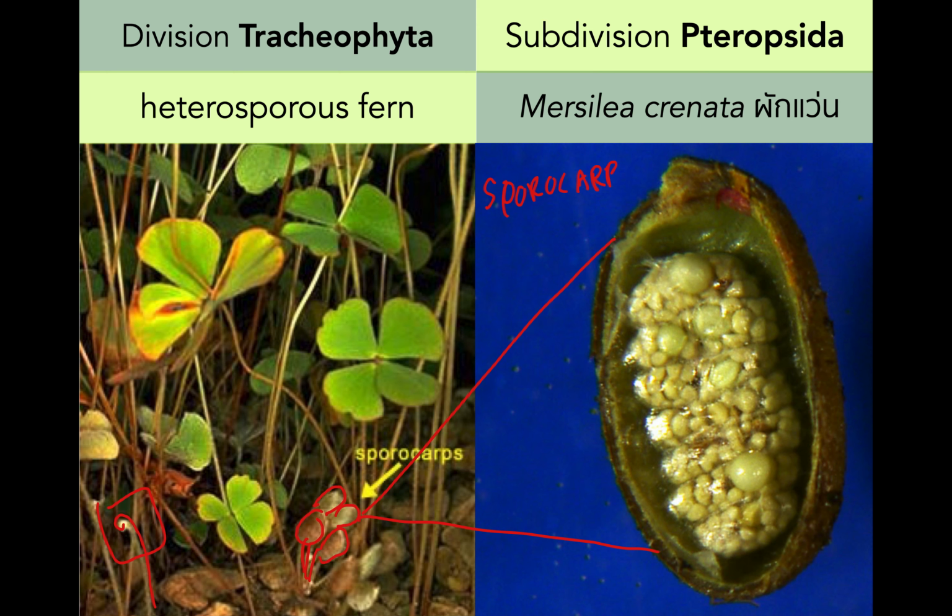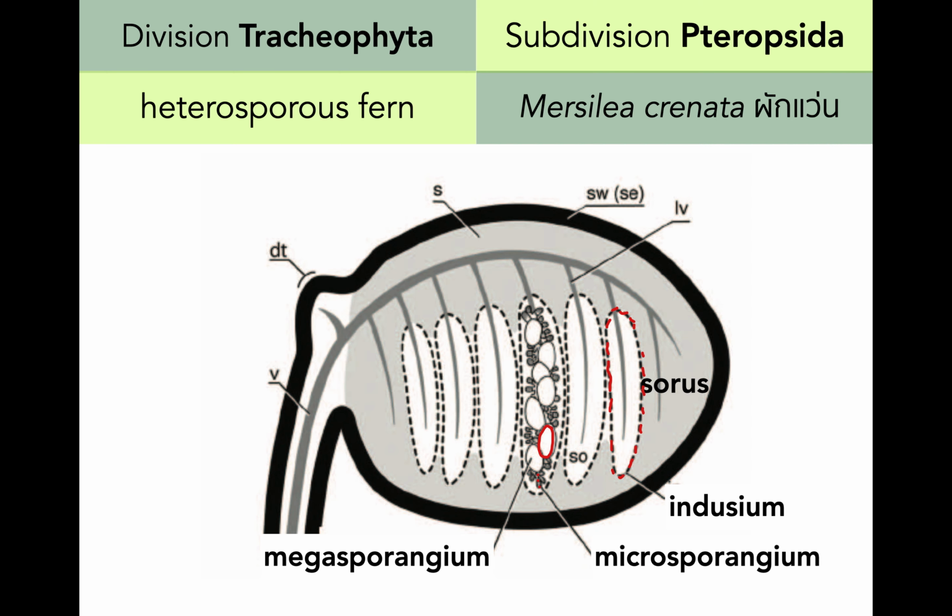You can see the megasporangium and the microsporangium right on that same sorus. So this is one sorus. Everything is enclosed in just one structure, and this is called Marsilea crenata, or pakwan.